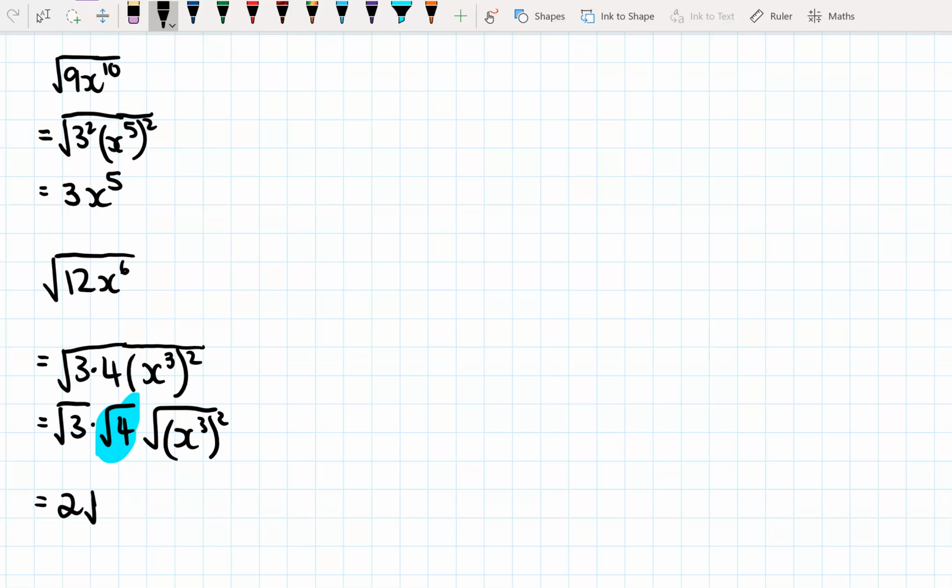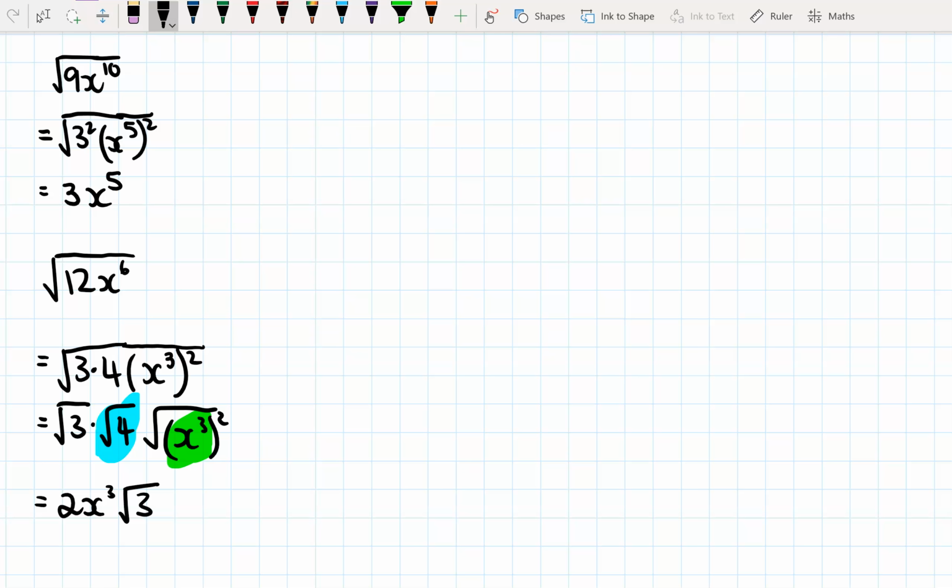Then we have our root 3. Actually, we're going to put the root 3 last because we know that we can take the square root of x cubed squared, so this guy on the end is going to become just x cubed. So 2x cubed square root 3.